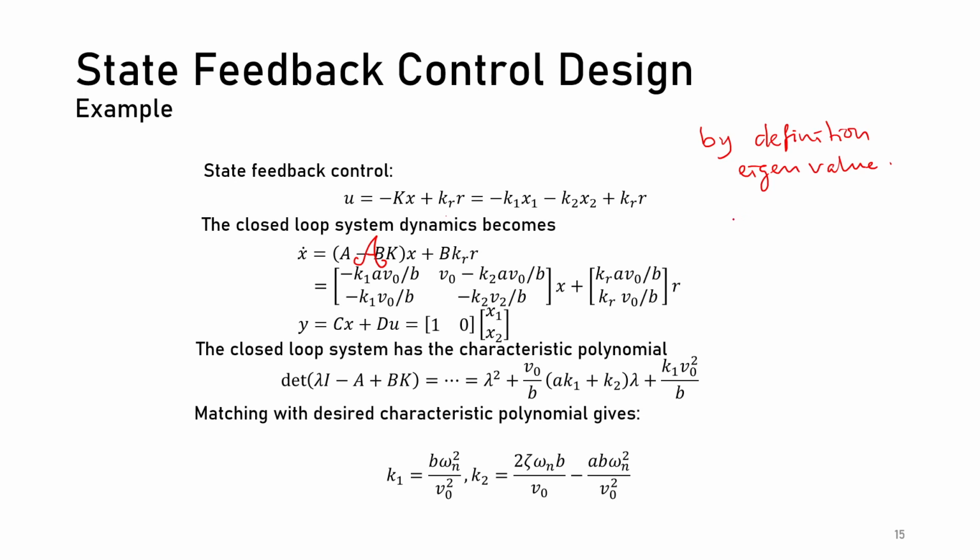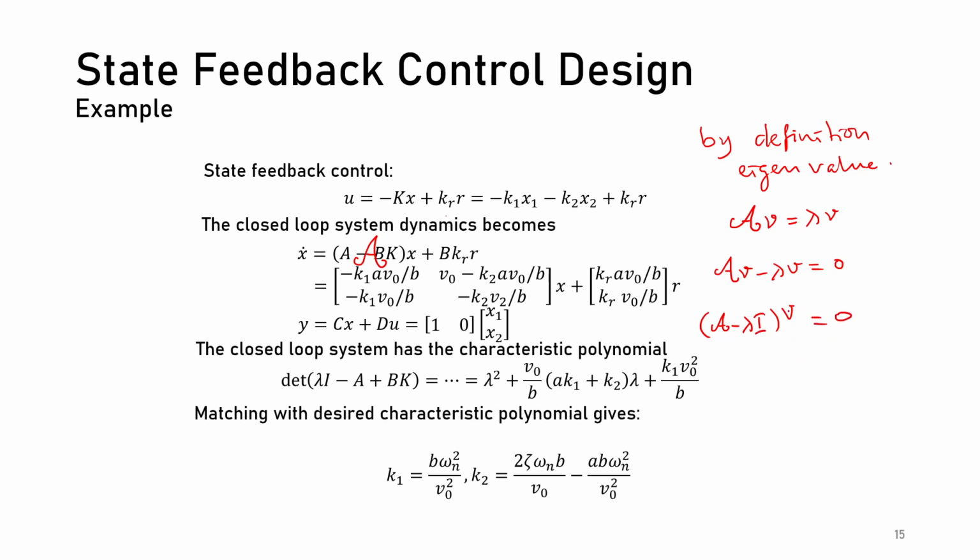So by definition of eigenvalue, if you have a matrix A, then you times an eigenvector, let's call it V, then it just equals eigenvalue times the eigenvector V. Okay. So then you have A times V minus lambda times V equal to 0. Then you can have V as a factor. Then what you have inside here is A minus lambda I, equal to 0.